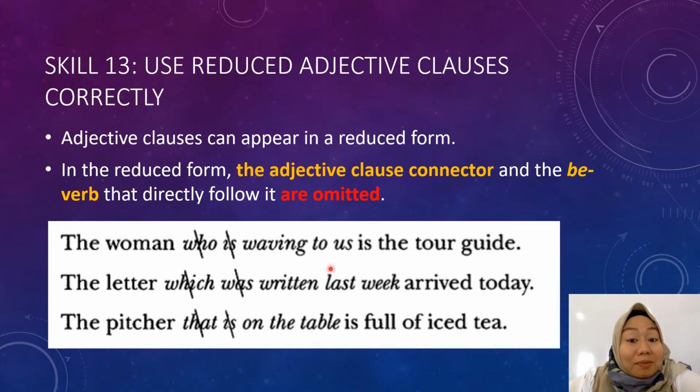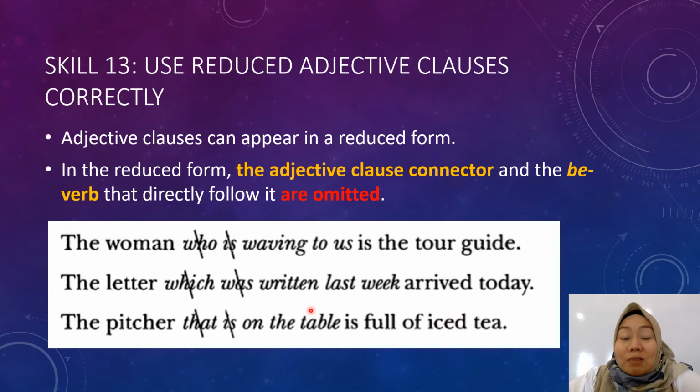Okay, remember? Good. Another example is: the letter which was written last week arrived today. See here, if we have the adjective clause which was written last week, then we can omit which as the adjective clause connector and also was as the be verb. So it becomes written last week.